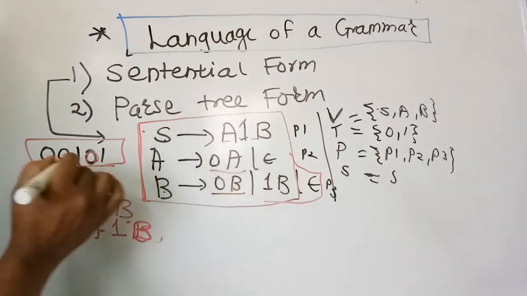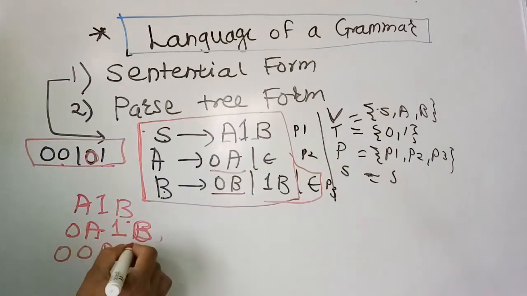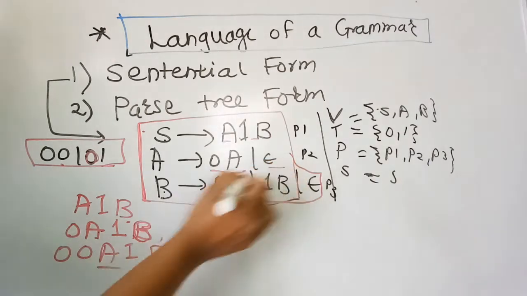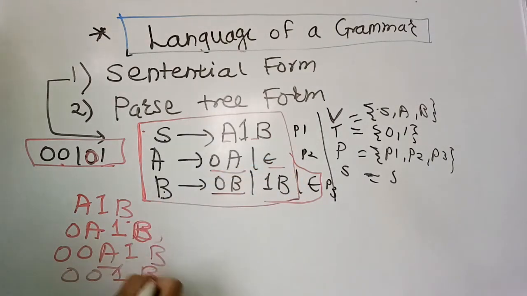A can be applied again here with 0, so it is 00A1B. And this A can be replaced by epsilon. So it is 001B.